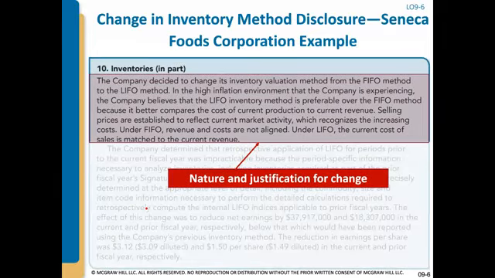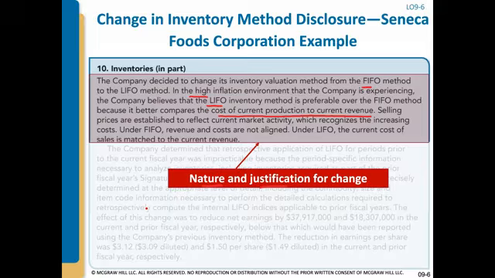So here is another example of a disclosure, and it includes the nature and justification for the change. In this situation, the company decided to change from FIFO to LIFO, and it said because of the high inflation environment the company is experiencing, the company believes that the LIFO method is preferable because it better compares the cost of current production to current revenue.